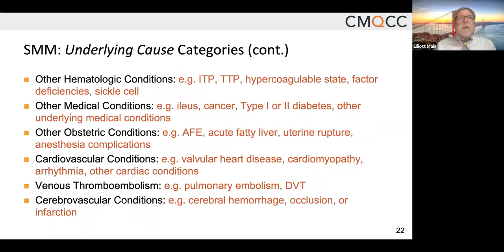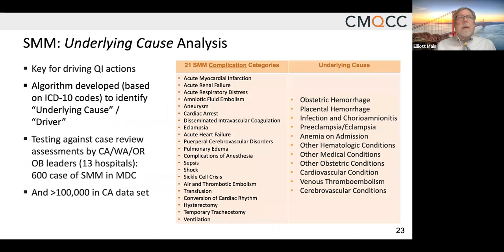The other categories include hematological conditions, other medical conditions, other obstetric conditions, as you see here, and cardiovascular conditions. These are all much less common, as you'll see in a moment. Venous thromboembolism can be an underlying cause that is straightforward. Next slide. So we have the 21 conditions and then the underlying causes.